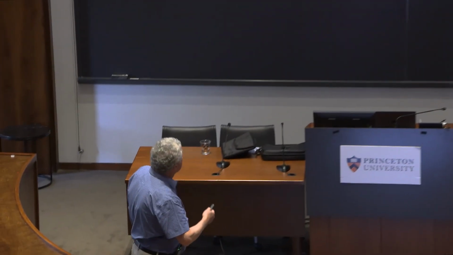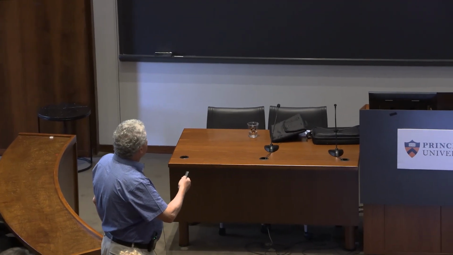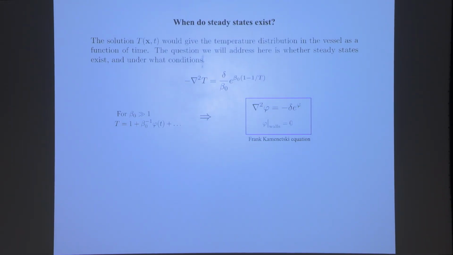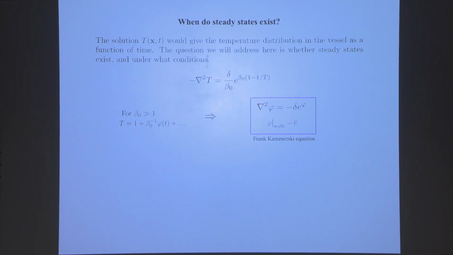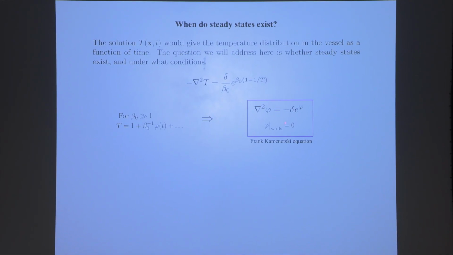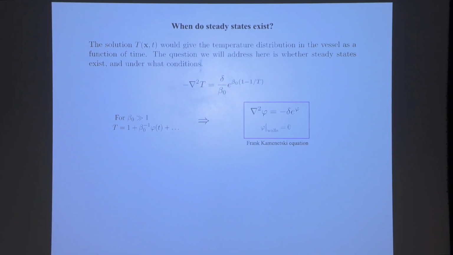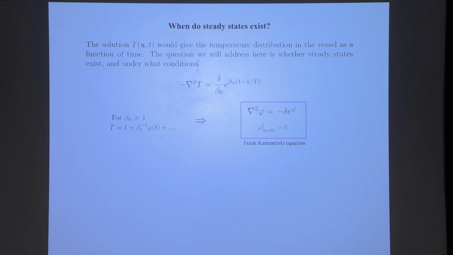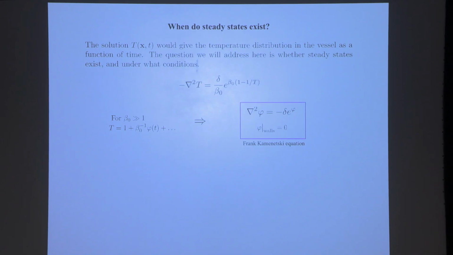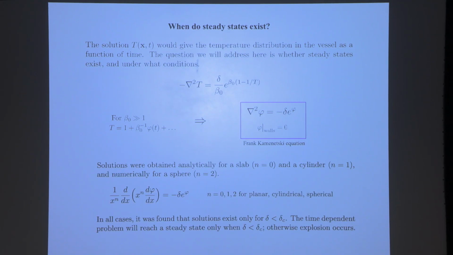That gives you the critical delta. If you perturb the temperature from the initial condition 1, you get an equation known as the Frank-Kamenetskii equation. It's an interesting equation. It can be solved analytically in one dimension.